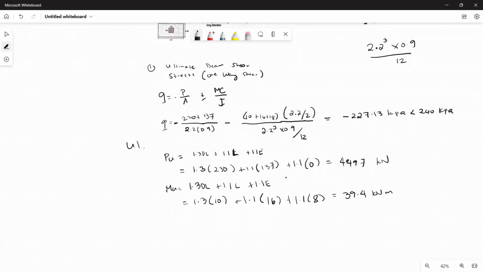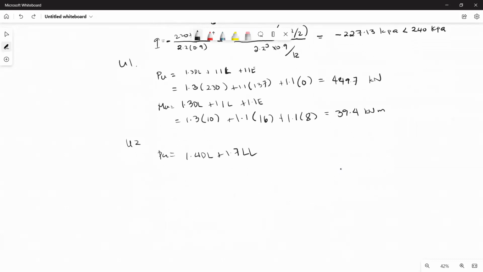Okay, for U2, check natin yung U2. Your PU is equals to 1.4 dead load plus 1.7 live load. And therefore, your U2 for your PU is 1.4 times our dead load 220 plus the 1.7 times the 137.